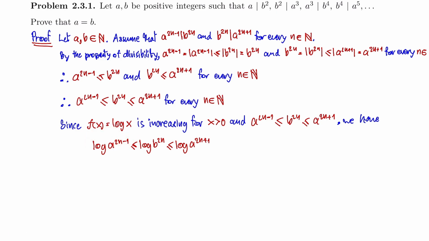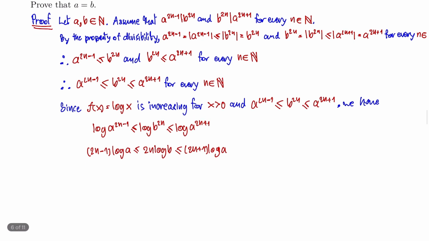So we're going to have 2n minus 1 log a less than or equal to 2n log b less than or equal to 2n plus 1 log a. And we divide both inequalities by log a.